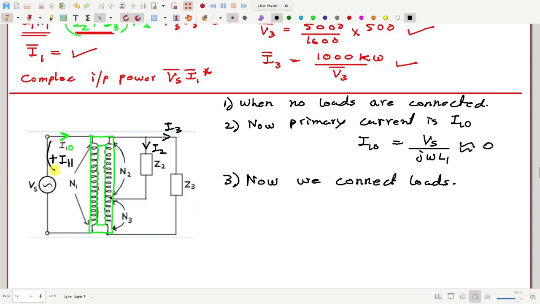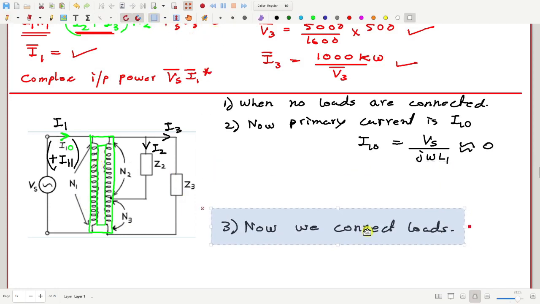This together is the net current I1. Now we have all these three currents flowing. Before connecting the load, how much was the flux? So this I will come later.